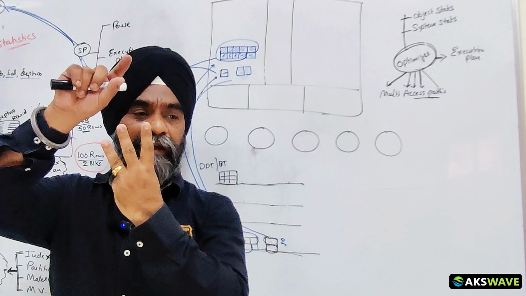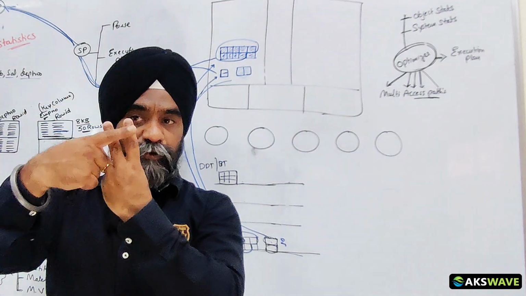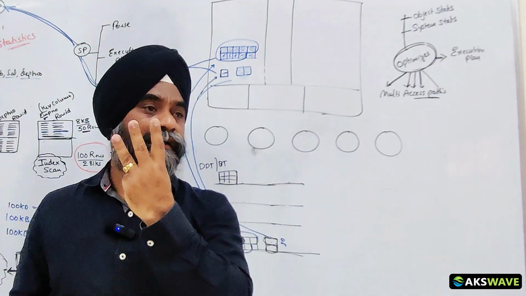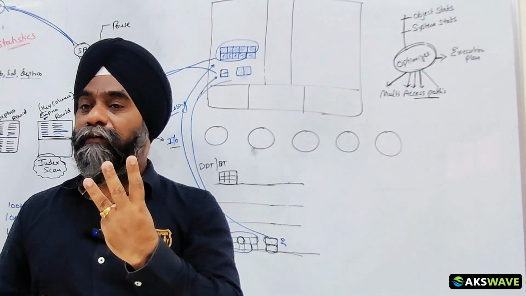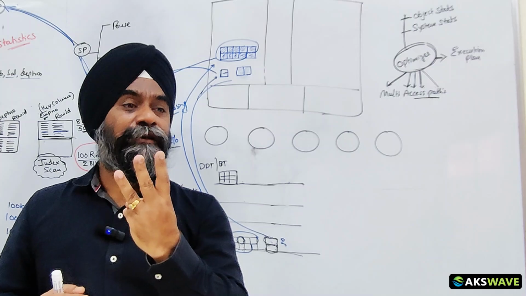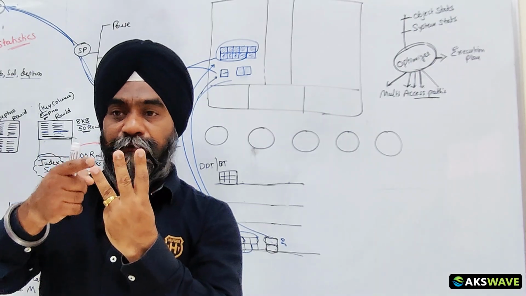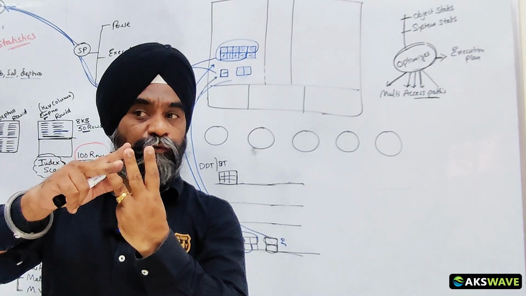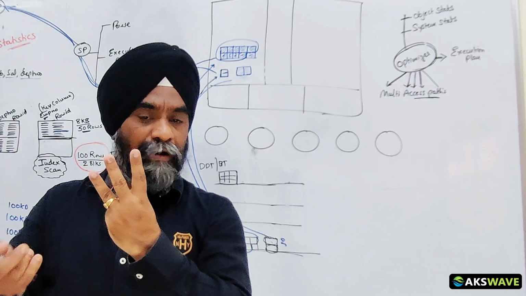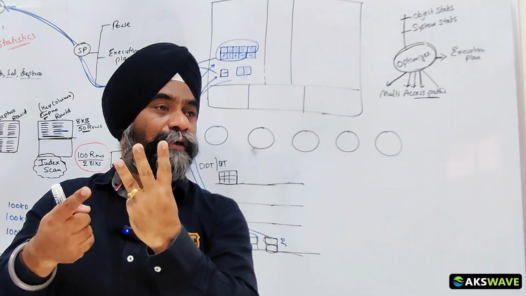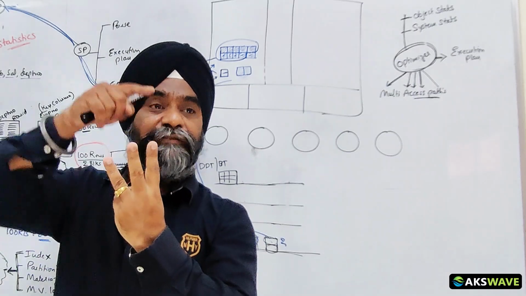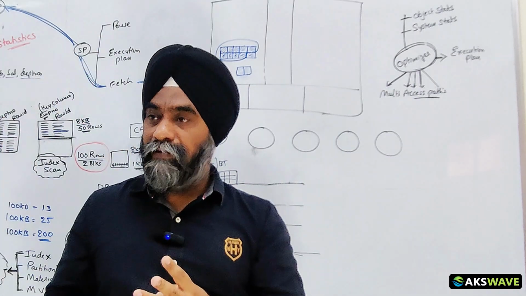In that case, the optimizer needs to decide which table to join first. Should I join A with B and then the output with C, or B and C first and then the output with A, or A and C first and then join with B?